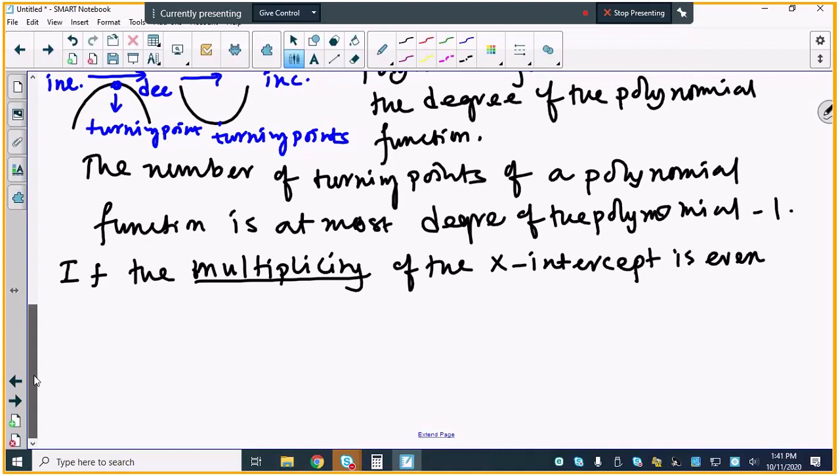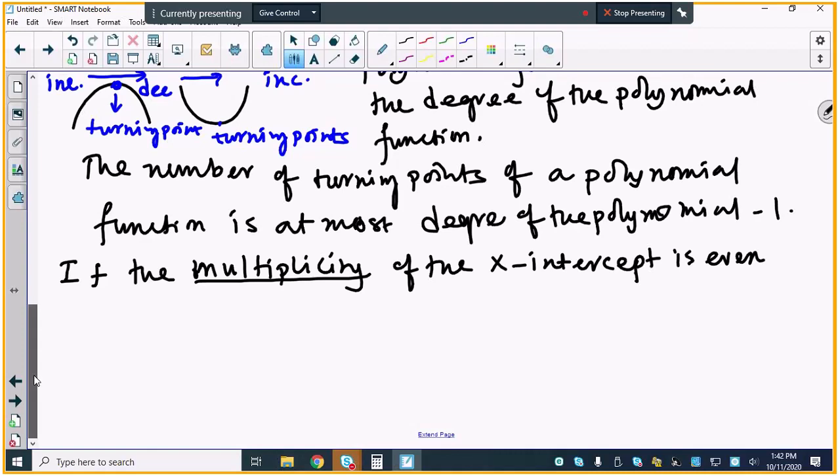What do I mean by that? If the corresponding solution to the polynomial function of this x-intercept is there an even number of times. For example, in a parabola, if you think about f(x) equal to x squared, the solution is 0, but it is present there 2 times, so that's even multiplicity.